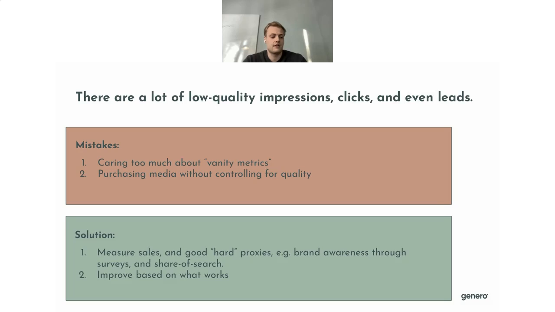If your brand awareness is increasing, you're doing something right, and that will have an impact on sales later on. So you don't necessarily have to only focus on sales, but always push for better and harder metrics to follow.